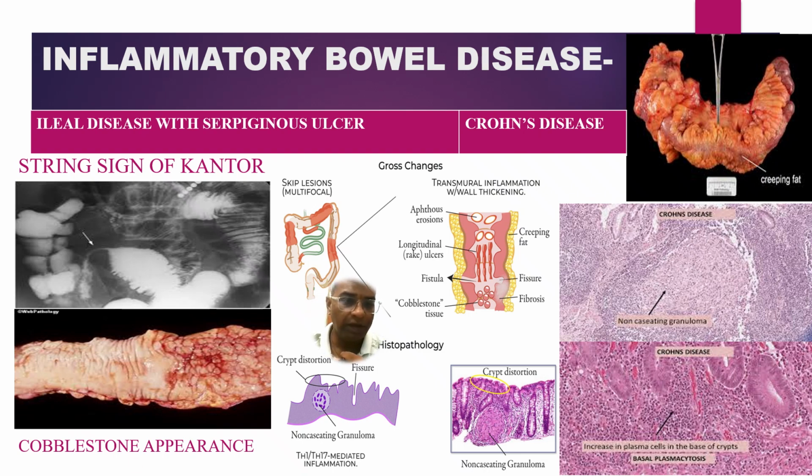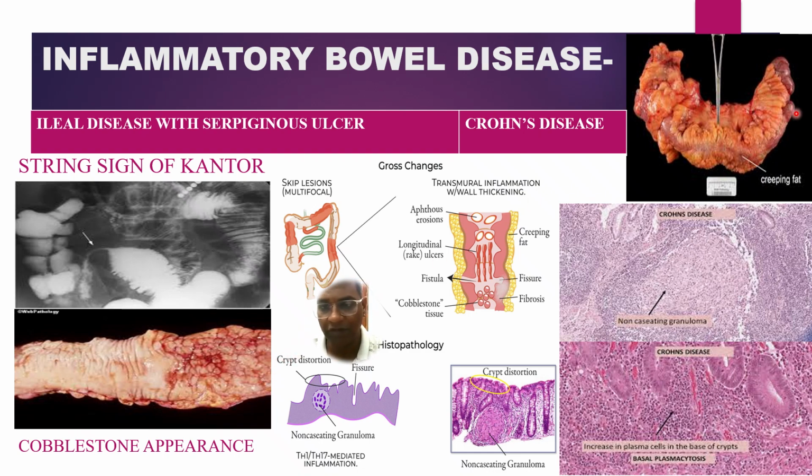You can appreciate the string sign of Kantor. Here it is narrowed and this is enlarged. So this is like a string sign of Kantor. And you see grossly there is cobblestone appearance because of the edema and because of the creeping fat, the contraction of the fibrous tissues.